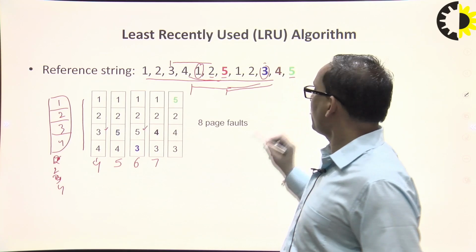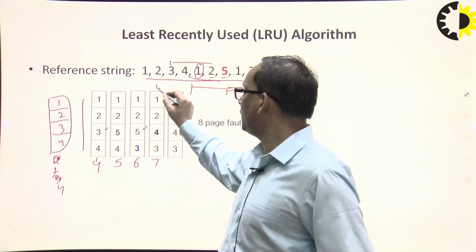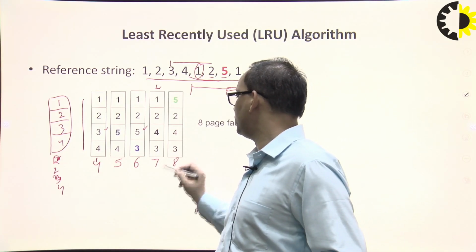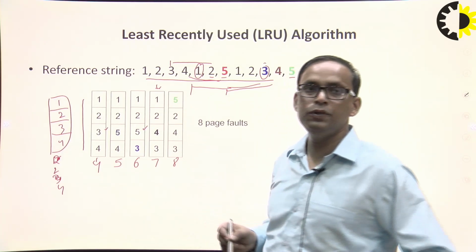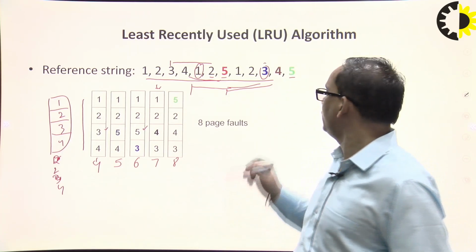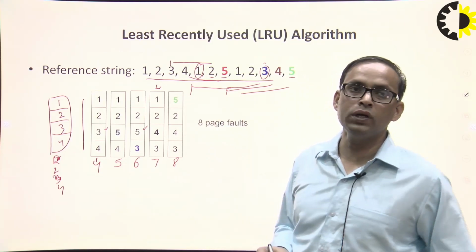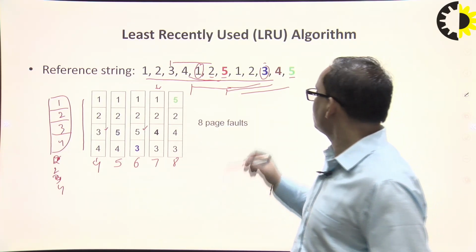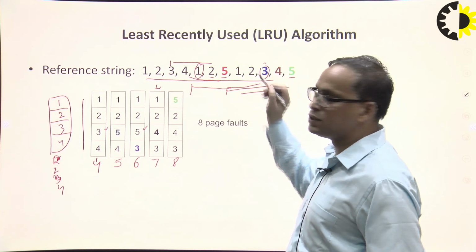Again 5 is not present in main memory here, so a page fault will occur and the value of page fault increases by 1. Now among 1, 2, 4 and 3, which page will be selected for the replacement? We will move in the backward direction and see which page has not been referred to for the longest period of time. Looking at 2, 4, 3, 2 is just before the 1.